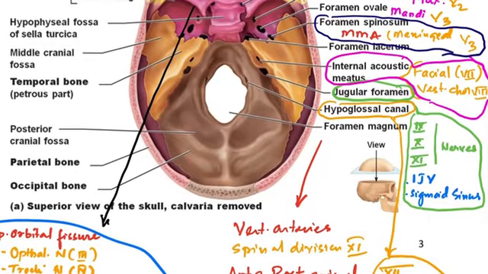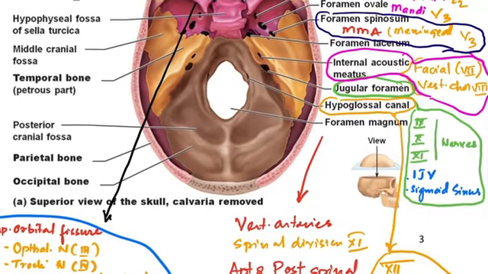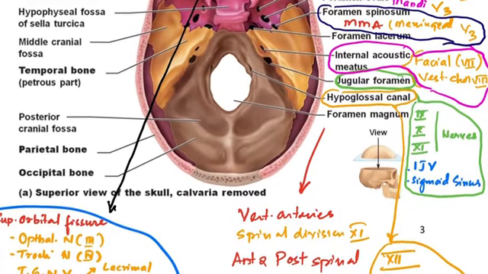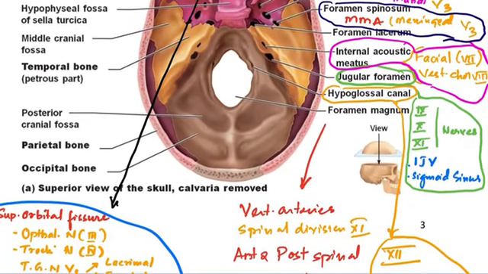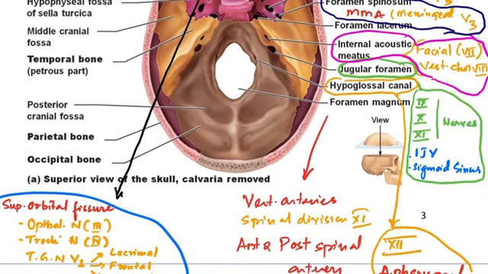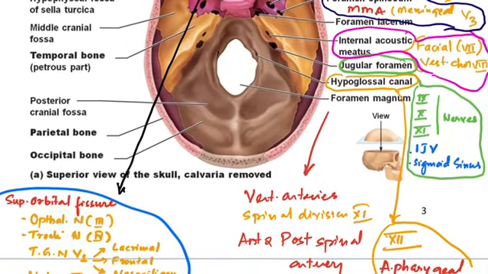From the hypoglossal canal passes the hypoglossal nerve and ascending pharyngeal artery. Then through the foramen magnum pass the vertebral arteries, medulla oblongata, 12th cranial nerve, dural veins, and anterior and posterior spinal arteries.